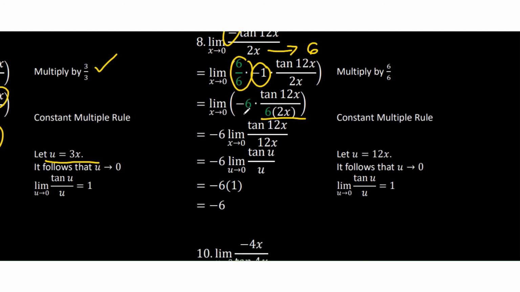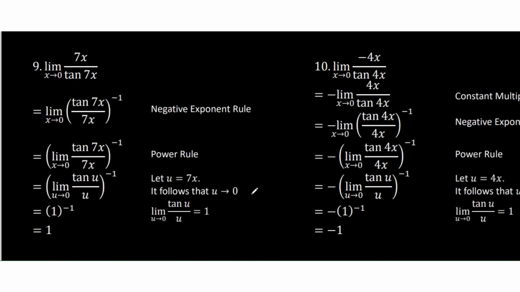So you have negative 6 times limit of tangent 12x over 12x as x approaches 0. They now have the same number, 12x. So that is already 1. That's the rule. So negative 6 times 1 is negative 6.